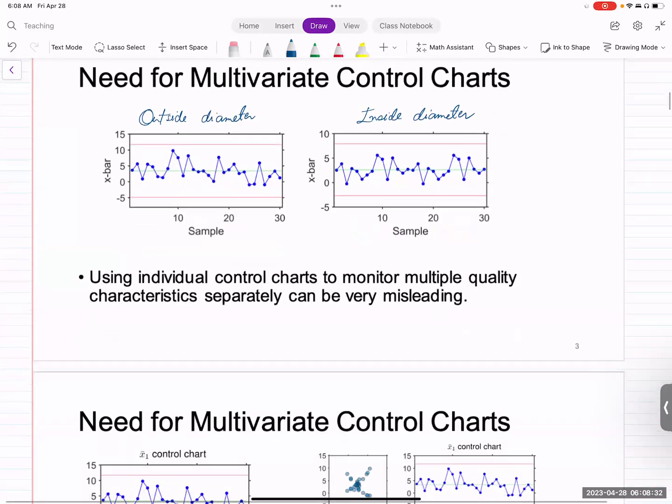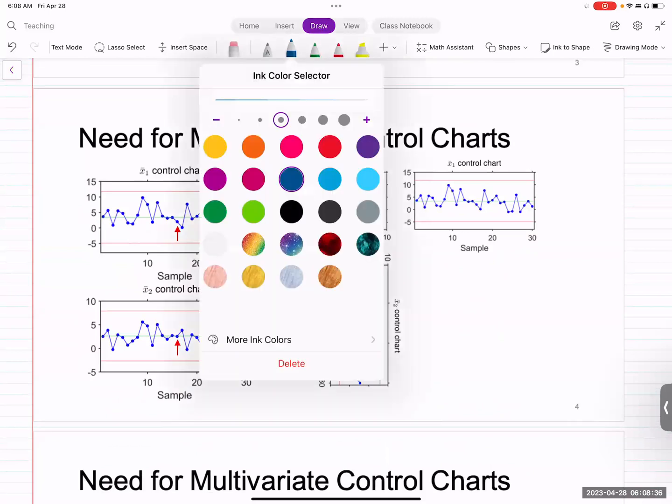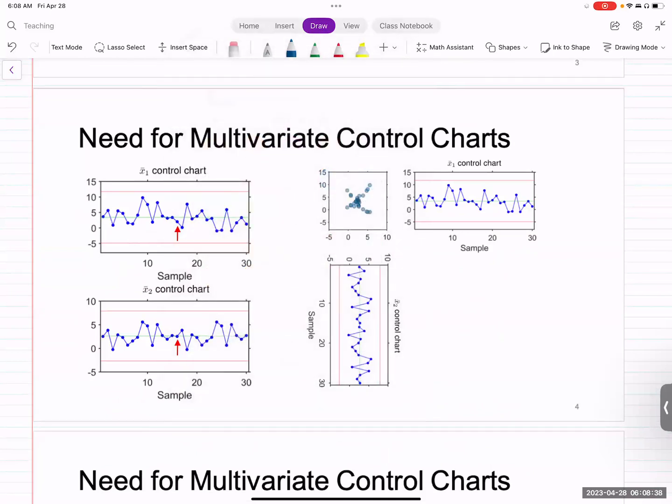Let me try to show you slightly differently. Let's observe the first control chart and the second control chart together. You see, when the first control chart is going up in the beginning, the second control chart is also going up. When it is going down, the second control chart is also going down.